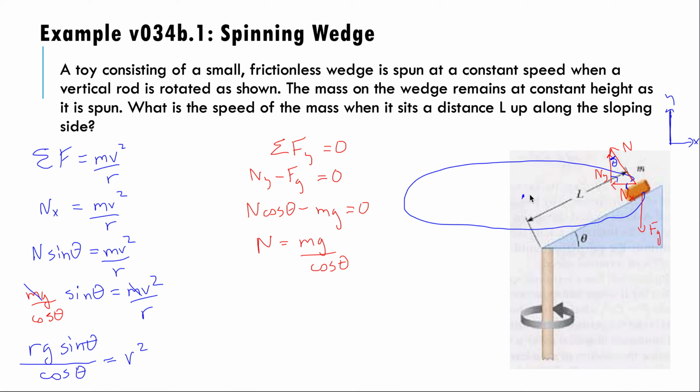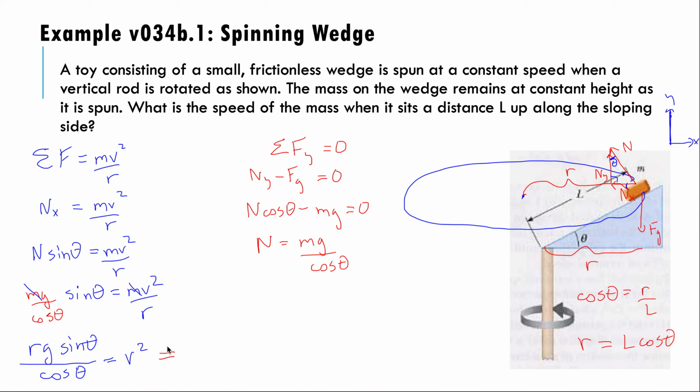Now let's get rid of the r because we want to write our answer in terms of L. r is the horizontal distance from the center to the object. So if we draw it down here, so it's easier to see, we can see that there's a relationship between r and L and theta. We know that cosine of theta is equal to r over L, adjacent over hypotenuse. So r is equal to L times cosine theta. We can make that substitution for r in here as well.